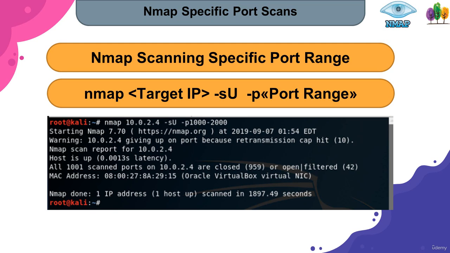Open Terminal, and write this command: nmap 10.0.2.4 -p1000-2000. Press Enter. And the scan results come up. Here you can see it scanned the TCP 1000 to 2000 port range, and it shows the results.